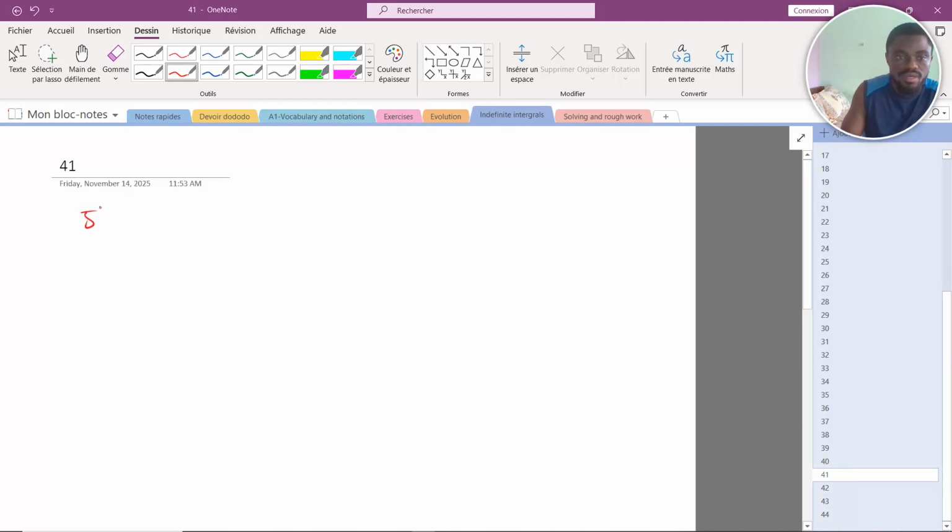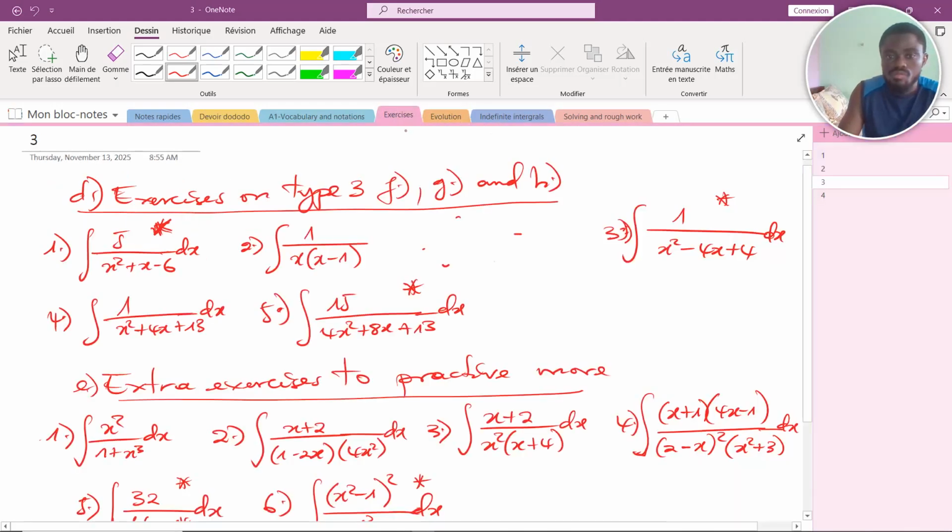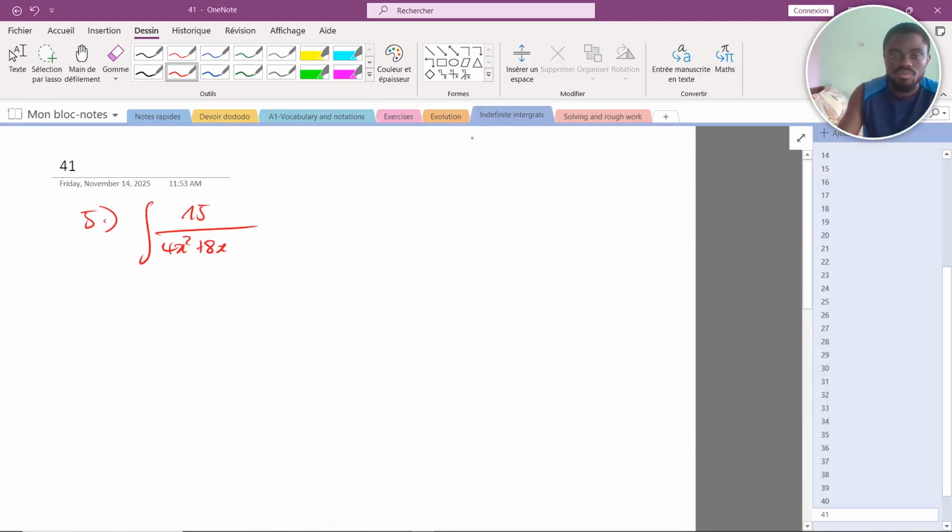That's question 5. Integral of 15 over 4x squared plus 8x plus 13 dx.